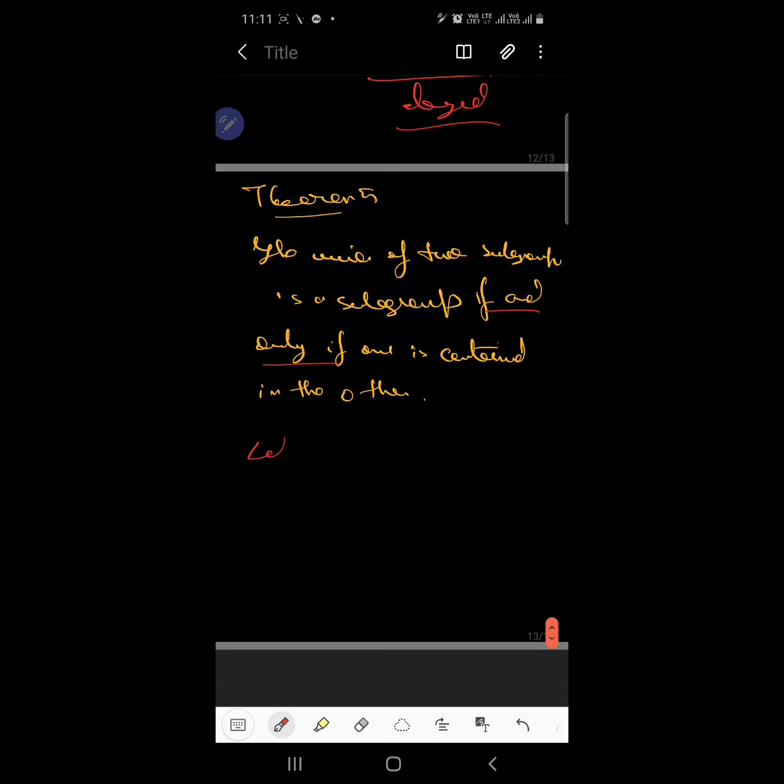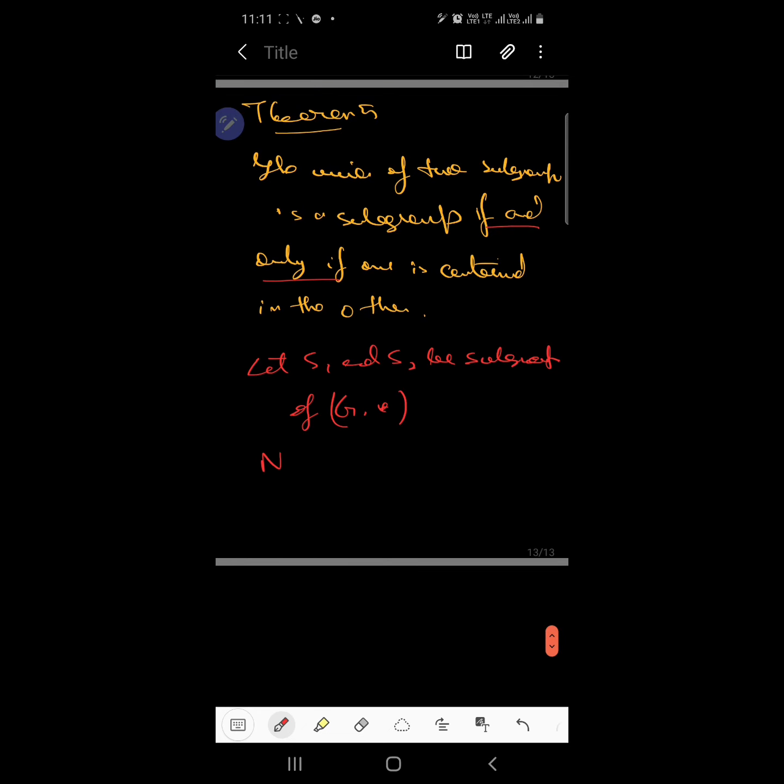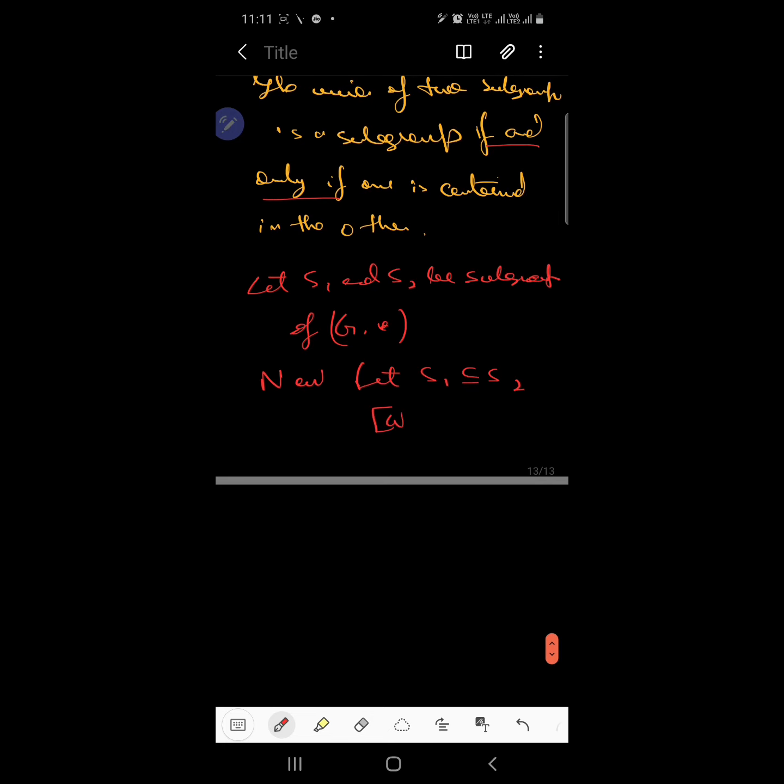So let S1 and S2 be subgroups of some G star. Now let S1 be a proper subset of S2 without loss of generality.